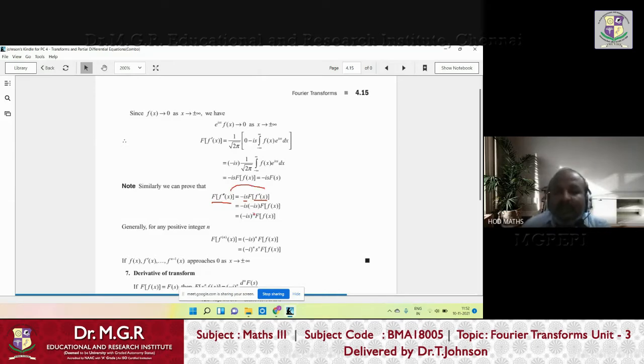And again, this is the meaning of recurrence, right? Again, the Fourier transform of f dash of x can be written as is times the Fourier transform of f of x. So now this can be written as minus is comes twice, so minus is squared times the Fourier transform of f of x.